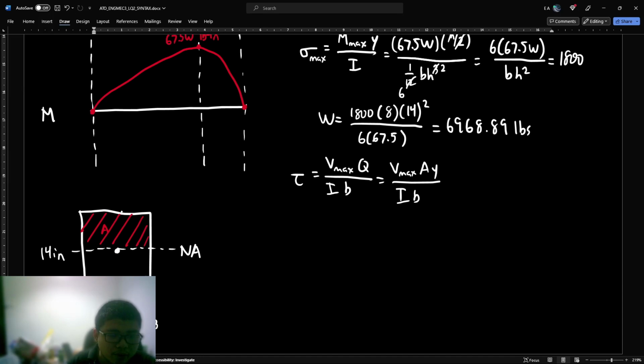And the Y that we're going to be using, if this is YC, the centroid of that area, the Y that we will be using is the distance between YC and the neutral axis.